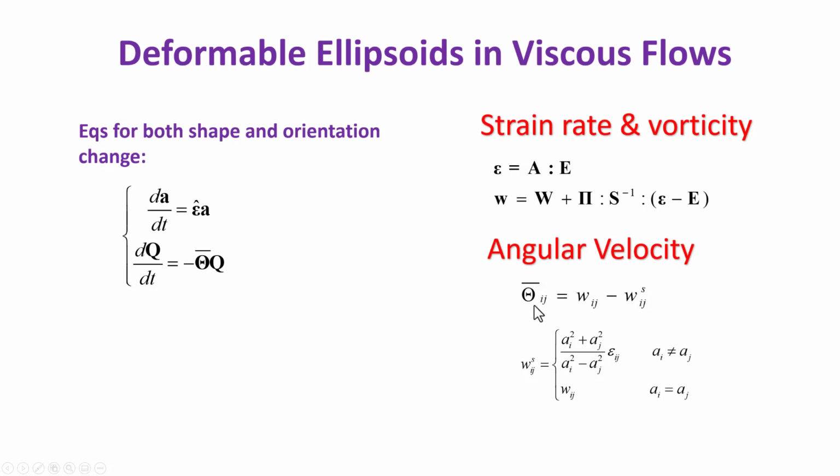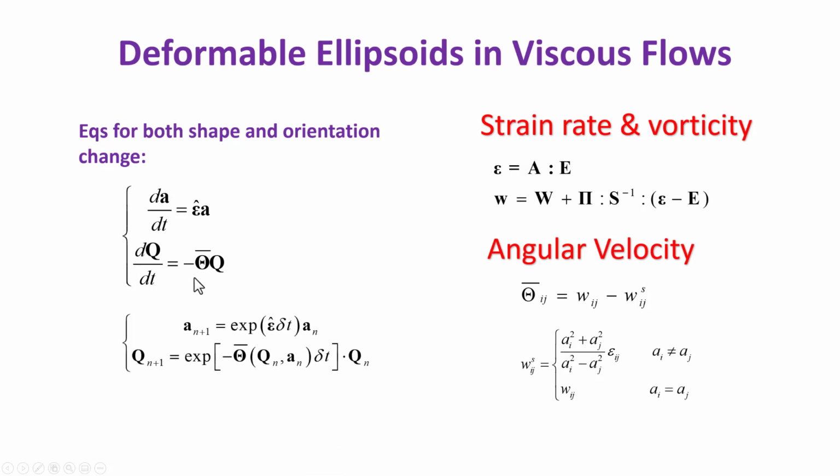The angular velocity is equal to the partitioned vorticity minus a term that is called shear spin. The shear spin term is related to the instantaneous shape of the object and the shear strain rate as expressed in this expression. The details of this are presented in the lecture notes.